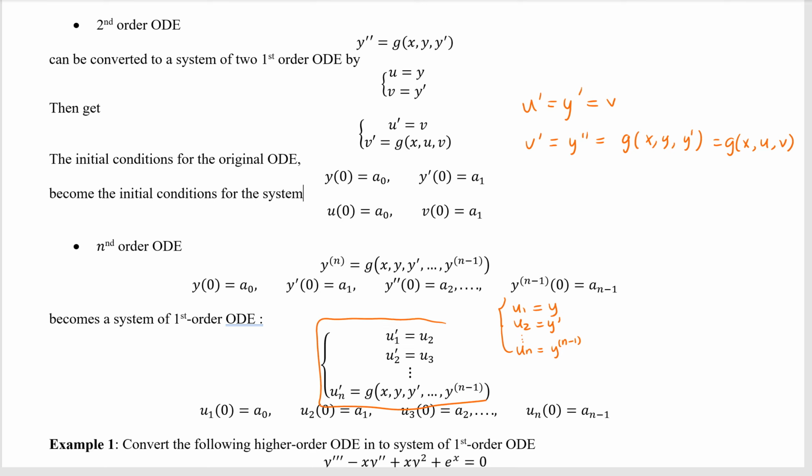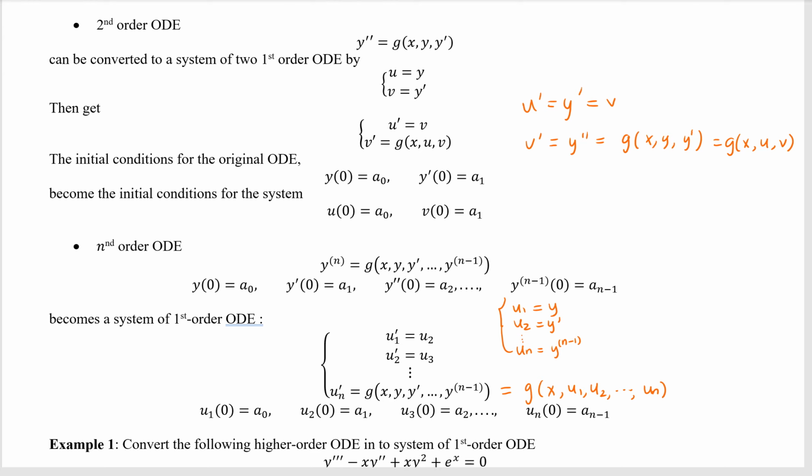Then we get u1 prime is u2, u2 prime is u3, and the last one, un prime, is g of x. Here I also changed this. So this is g of x, where y prime is u2, y is u1, and so on, up to un. So far so good. And we also change our initial conditions. So this is how we can convert higher order ODEs into a system of first order ODEs.